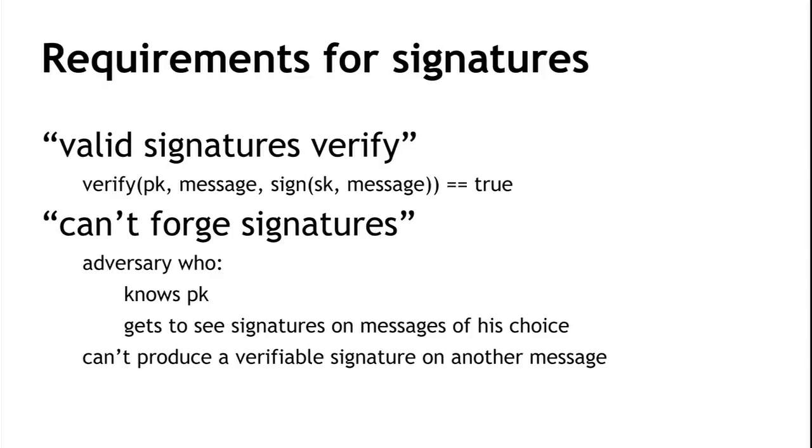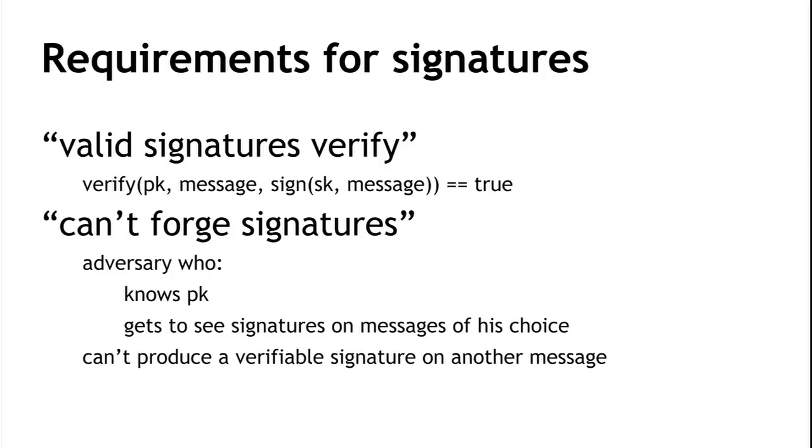This says that signatures are useful at all. But the second thing you want is that it's impossible to forge signatures. That is, an adversary who knows your public key, who knows your verification key, and gets to see signatures on some other messages, can't forge your signature on some message that he wants to forge it on.